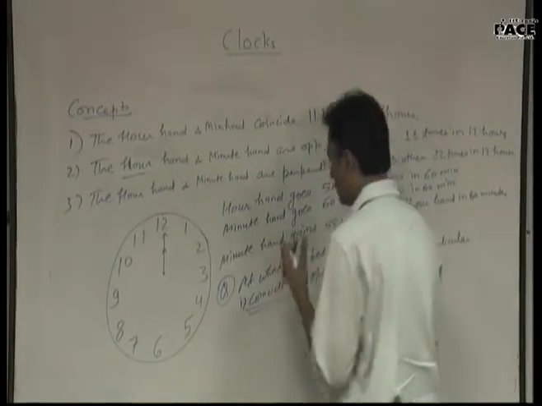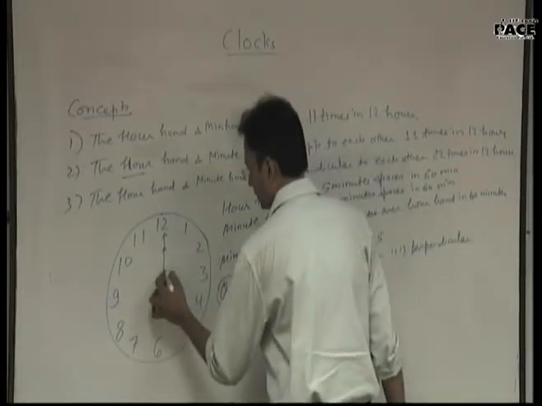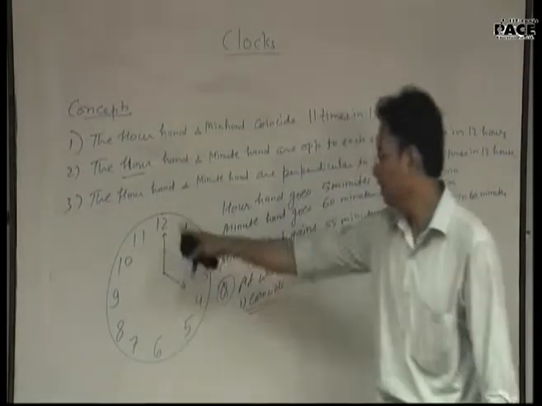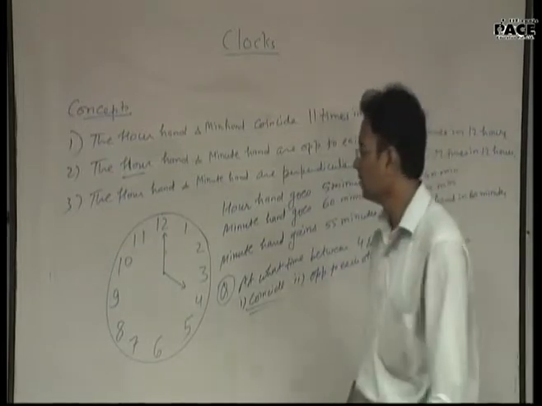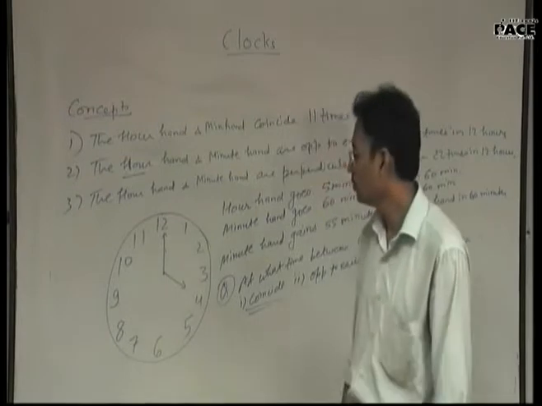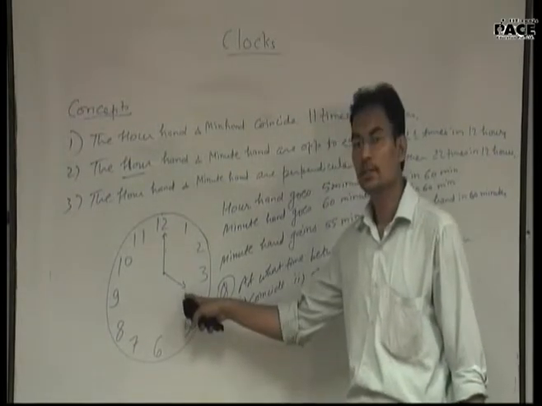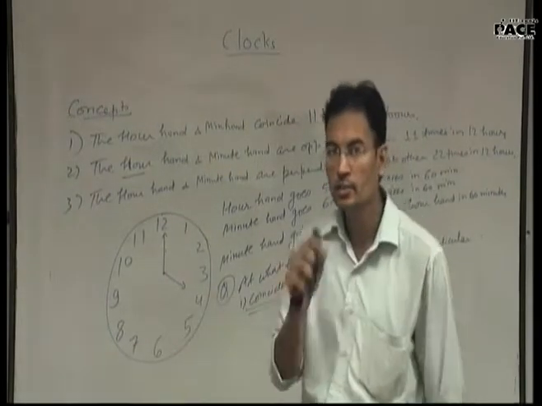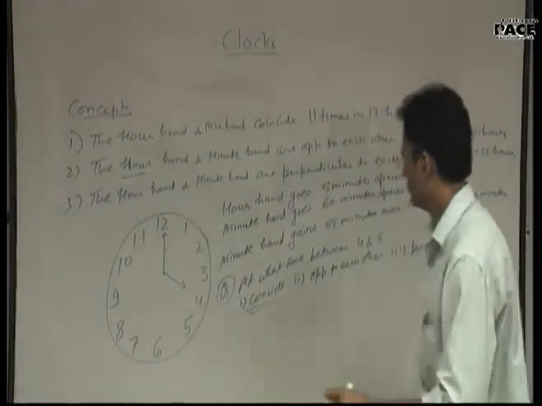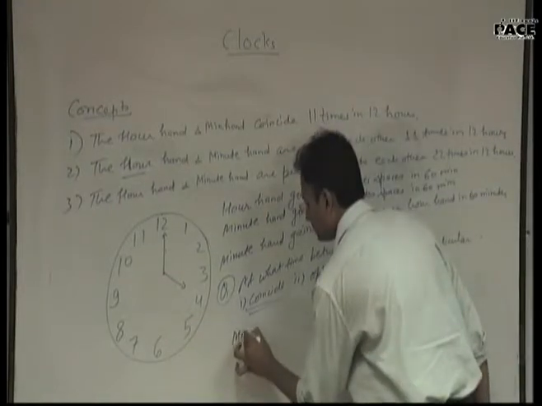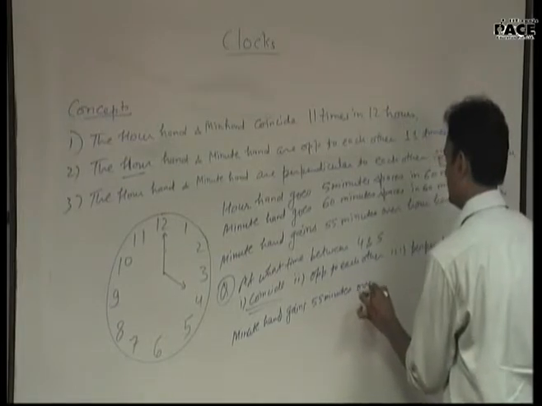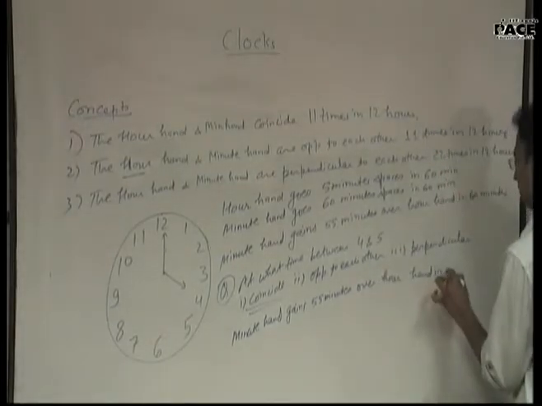Now it's between 4 and 5. So suppose at 4 o'clock, the hour hand is here and the minute hand is here. So this minute hand has to travel or gain 20 minutes in order to overlap or coincide with the hour hand. The minute hand gains 55 minutes over the hour hand in 60 minutes.